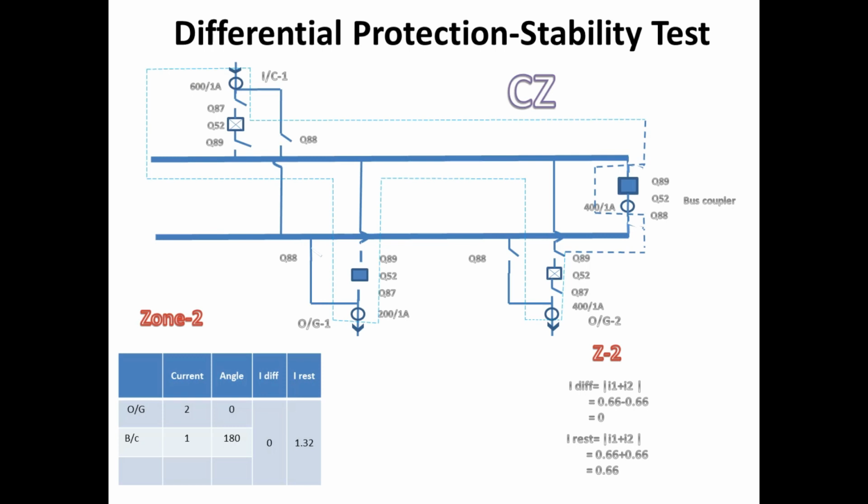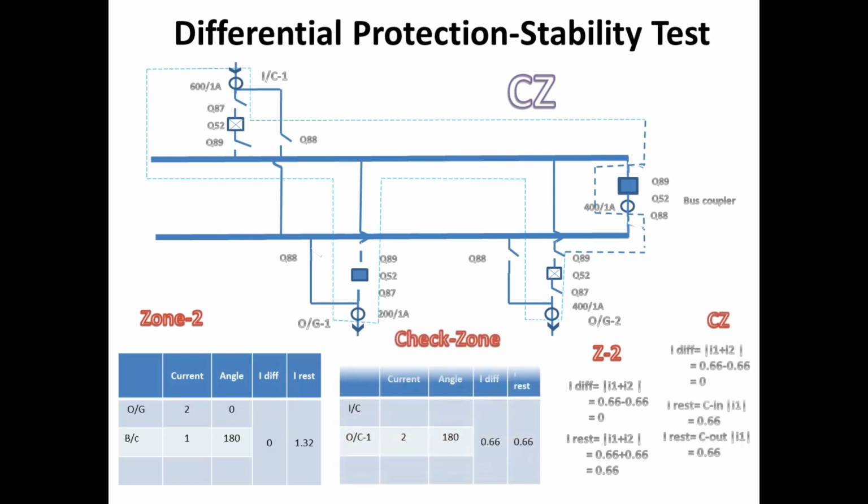Here the check zone sees only outgoing 1. Outgoing 1 is 2 amps, so the check zone I differential is 0.66 and I resistance is 0.66. Zone 2 does not have any differential, and even though check zone has differential 0.66, our setting is 1, so it is not going to trip.